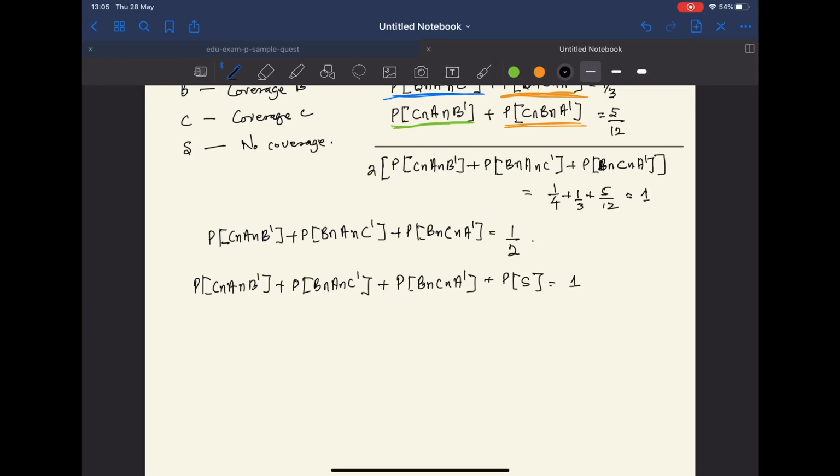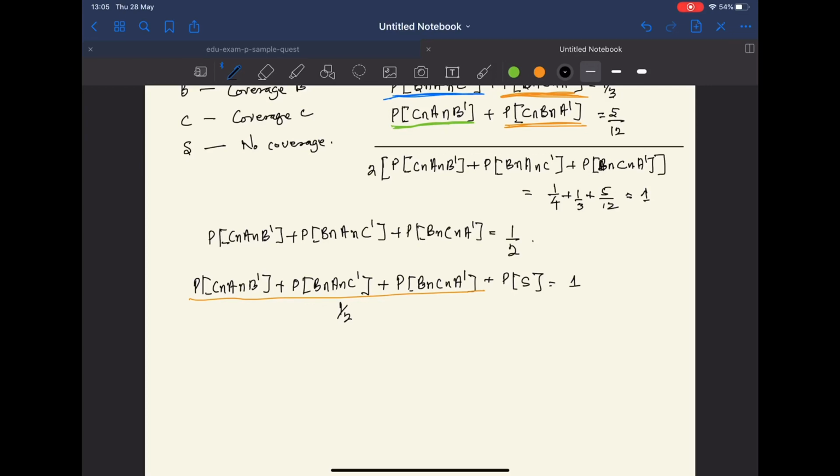Because here we are saying he chooses C and A and not B, or B and A and not C, or B and C and not A, or he doesn't get any coverage at all. We know that this probability here is 1 over 2.